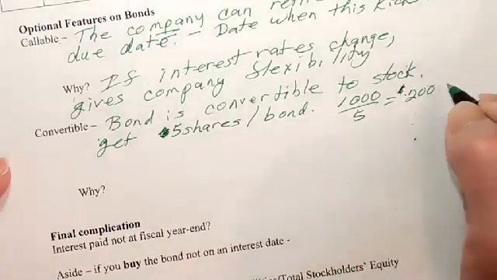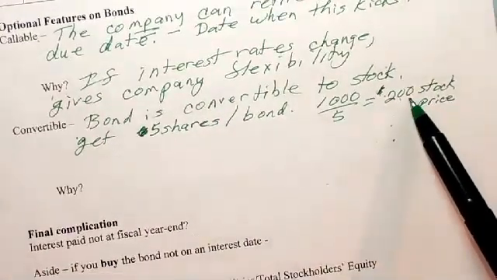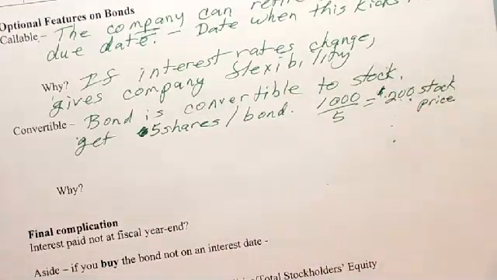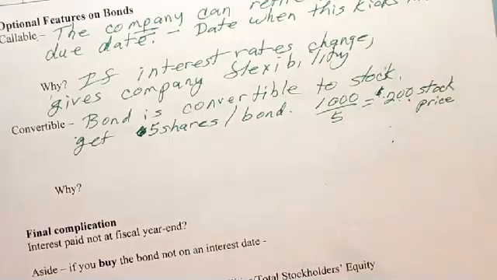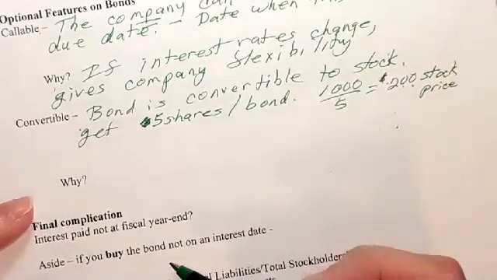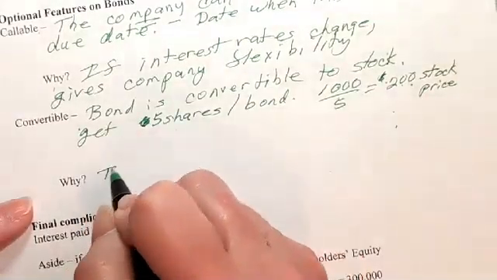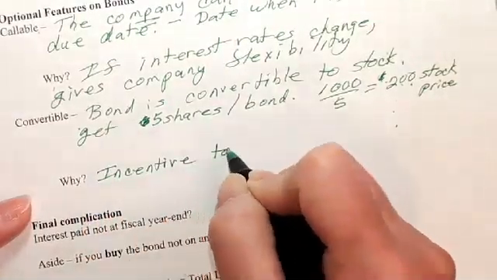If your stock price is ever around $200, people might convert those if it gets over that, because they get a bargain. If your stock price is sitting at 10, nobody in their right mind would convert it, because they can buy way more just at the current market price. Why might you do that?